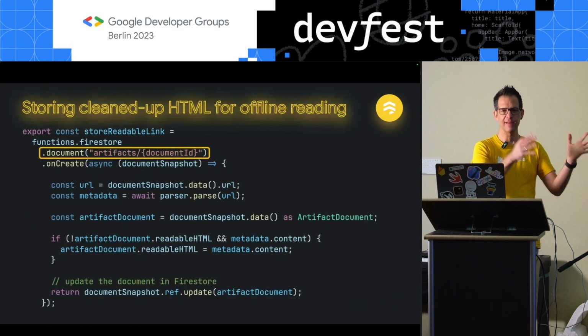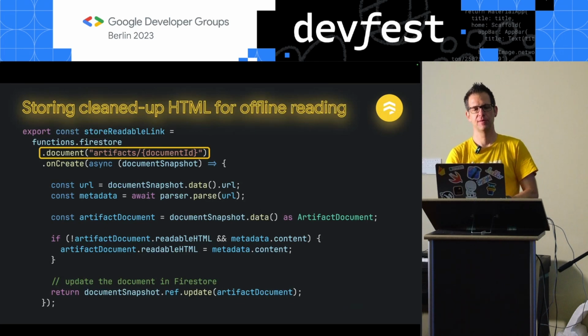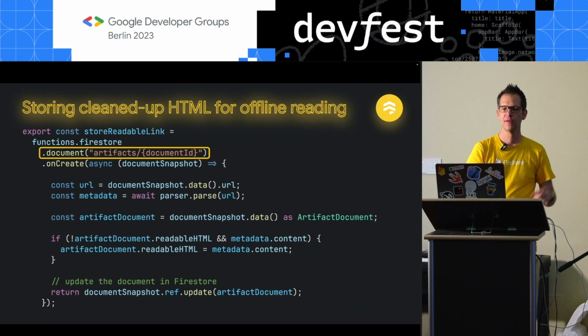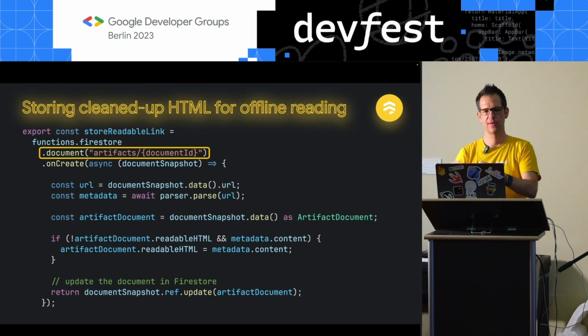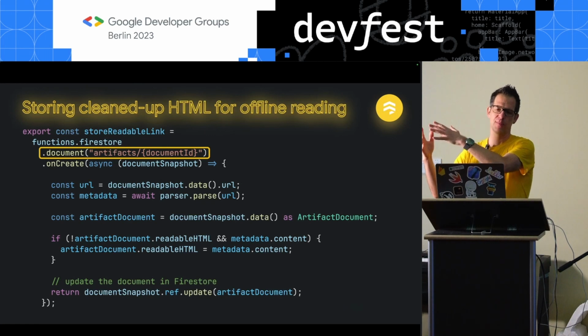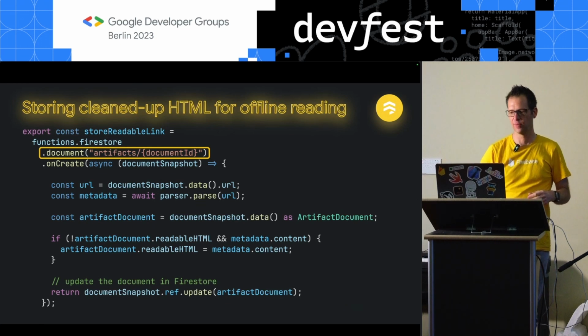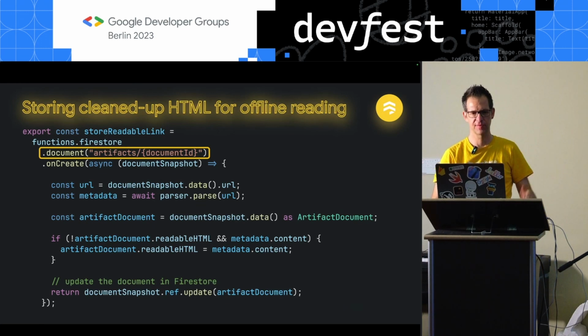Cool, so let's look at how to write a Cloud function that downloads the cleaned up HTML and stores it back into Firestore. So here we say we want to listen to any changes on the articles collection where we have a document, and we want to also carry along this document ID so that we can use that document ID for doing stuff with it.